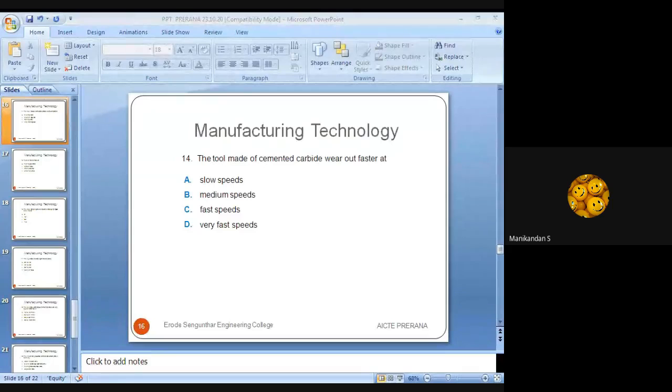Any idea? The tool made of cemented carbide wears out faster at slow speeds.